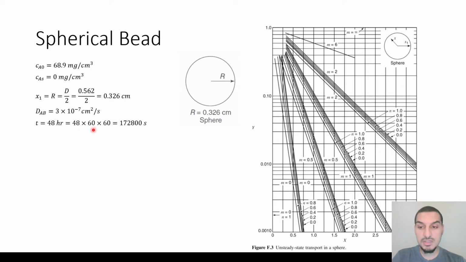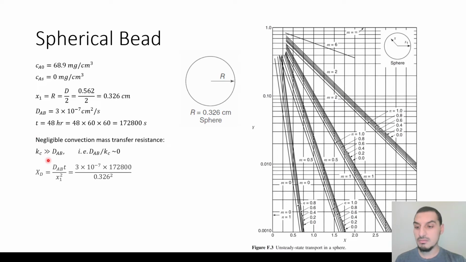I have to multiply it by 60 by 60 to make it in seconds, so it has the same units as the units of time in the diffusion coefficient. So from these three, I can calculate the dimensionless time, xd, or x.